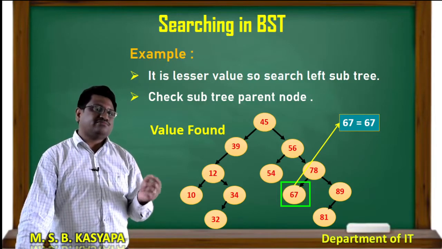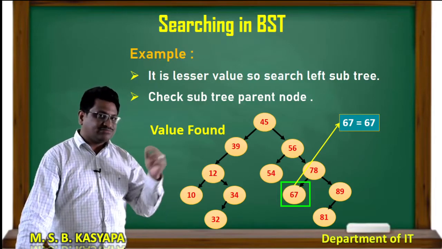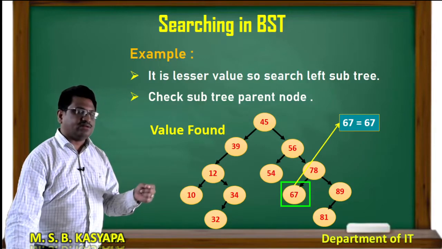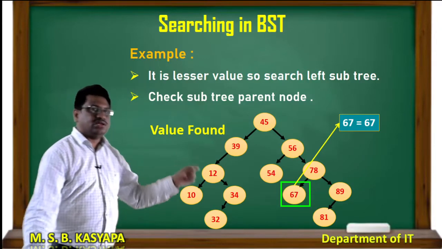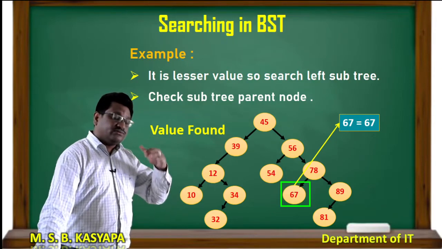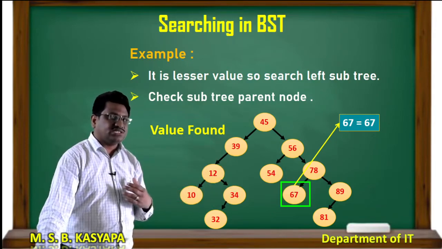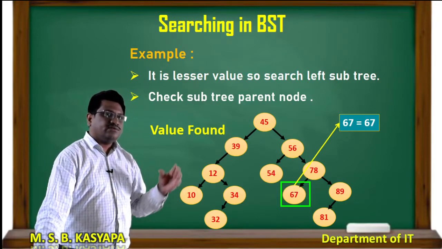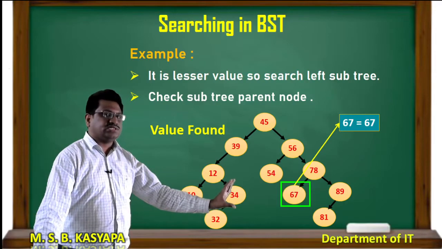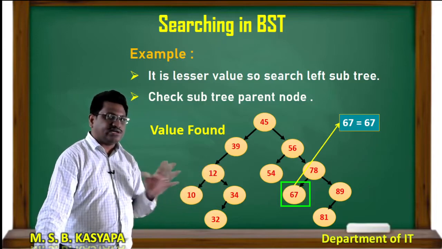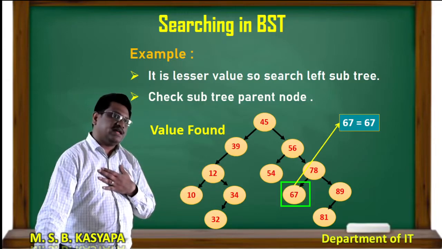Suppose I am searching for 66, then what will happen? The same process will go on until 67. At 67 also I did not find my desired value. Then what do I have to do?